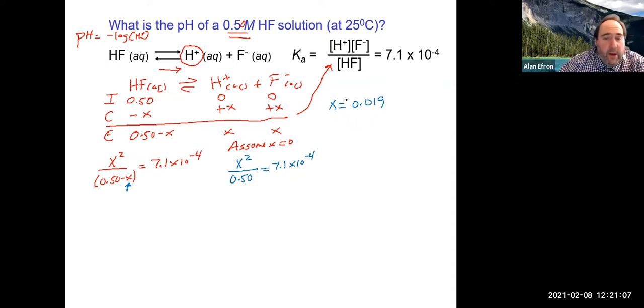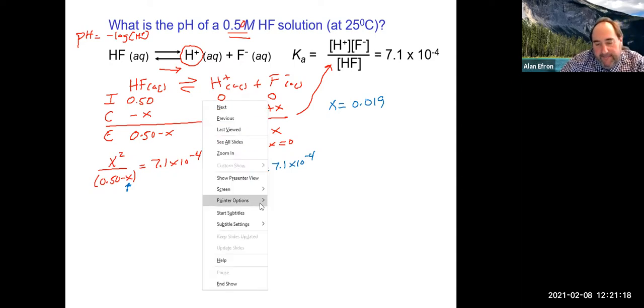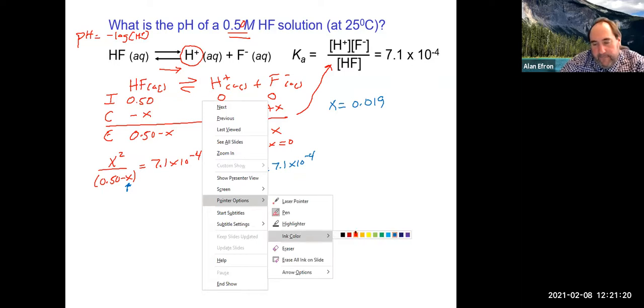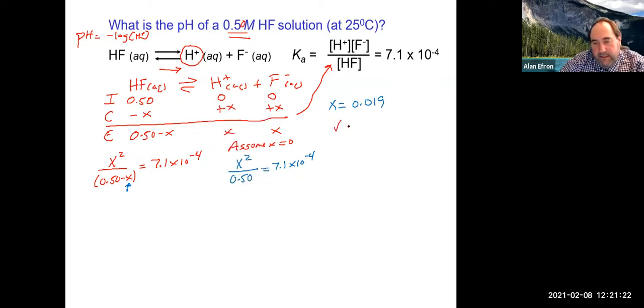Remember, though, that when we do make that assumption, we do want to make sure that it is okay. For our class, we are going to be using that 5% rule. So to check it, we want to take the x value we got, divide it by what we were going to subtract it from, which was 0.5, and times it by 100%.